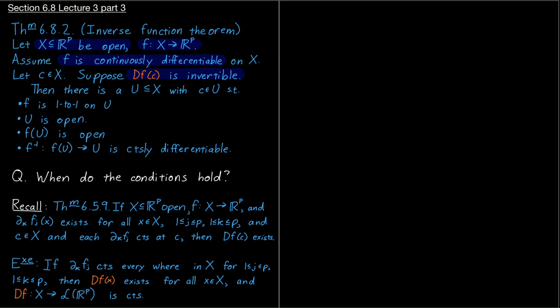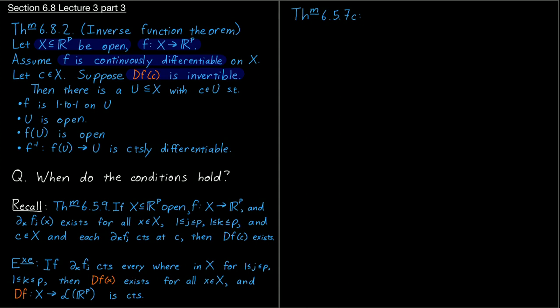Checking to see if df of c is invertible is actually much more straightforward. We don't need to improve on anything, we already know what to do.